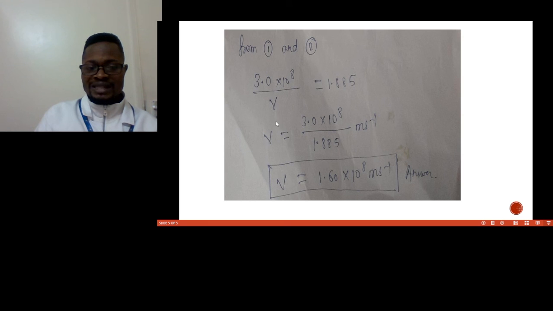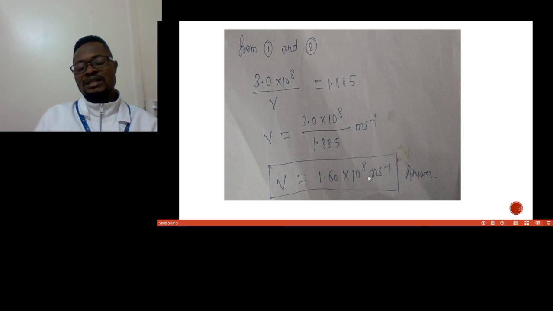When we make v the subject, remember v represents the velocity of light in the medium, so we just need to do the inverse. So v will be 3.0 times 10 raised to power 8 divided by this refractive index, 1.885, and our final answer will be 1.60 times 10 raised to power 8 meters per second, as we are required to represent our answer in this form.